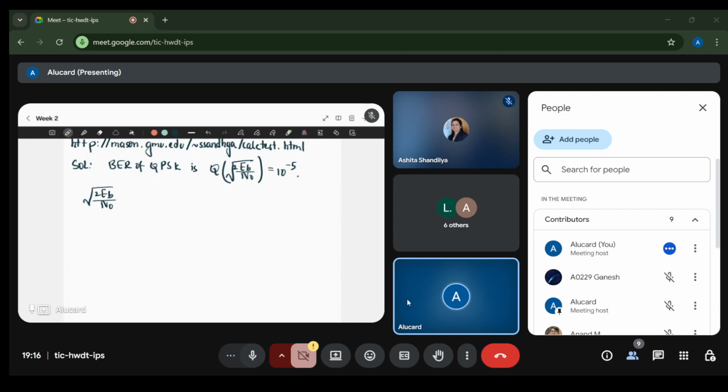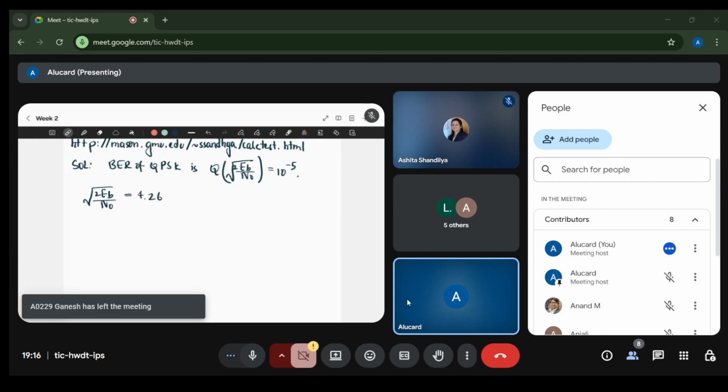I'll just take it as 4.26, and then you can find out the EB by N naught from that. You do the calculation, it will turn out to be 9.07.